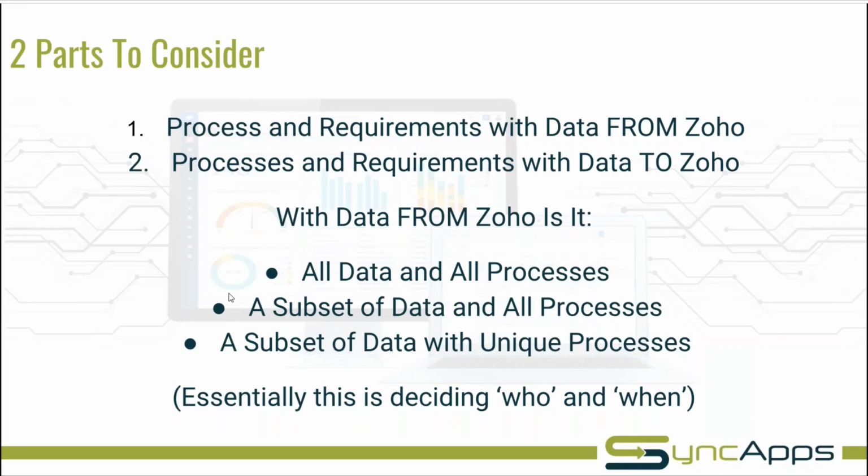Or is it going to be a subset of the data where we have unique processes? So maybe a certain channel they come through. If someone comes from a certain digital advertising initiative you're running, maybe you want them to be synced into your email tool to receive specific communications from there. Maybe it's people that meet criteria such as their buying habits or otherwise. And so it's really the who and the when that we want to focus on.